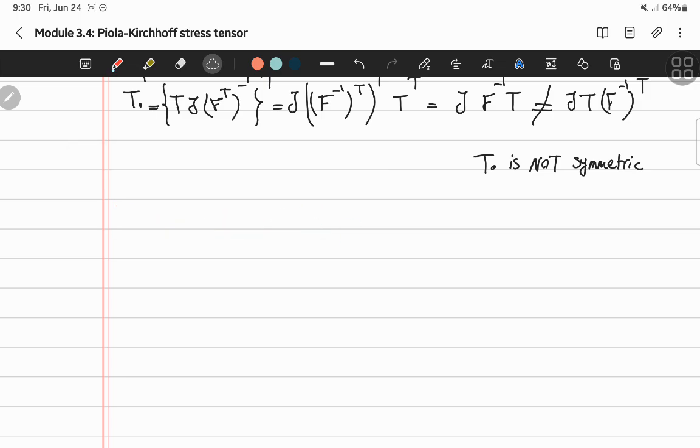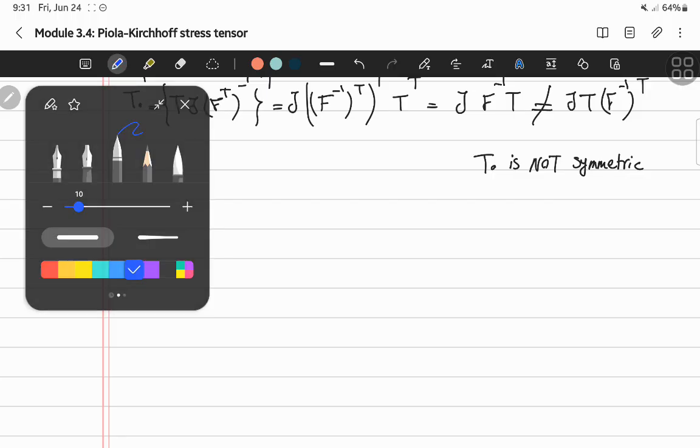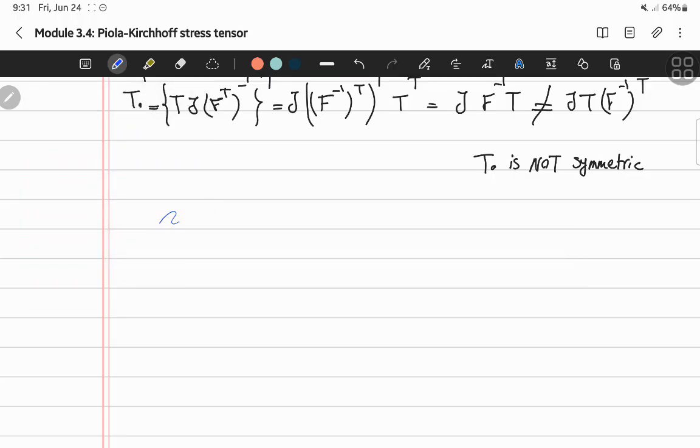So from your strengths of material course, you remember that we had true stress, and we had the engineering stress.